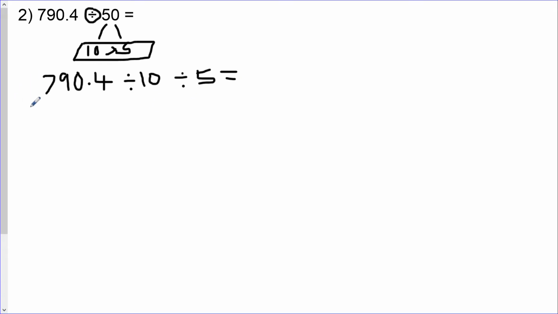Just like before, we are now going to do the first bit of our number sentence first. So 790.4 divided by 10. We can rewrite our first number. We know we are dividing, so our jumps are going backwards. We know there is 1 0, so it has 1 jump. And then we rewrite our number underneath.